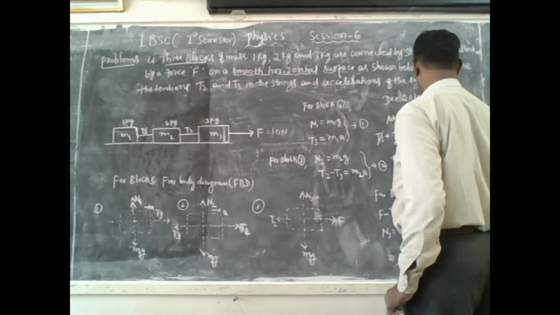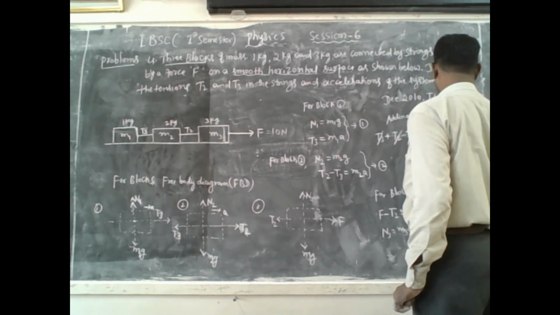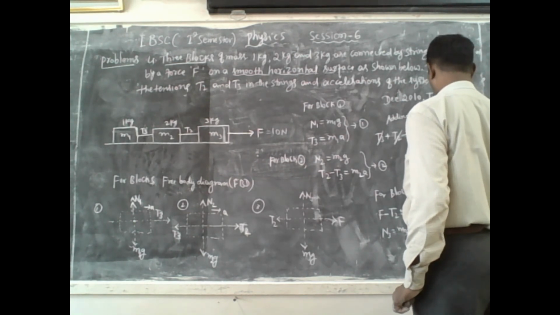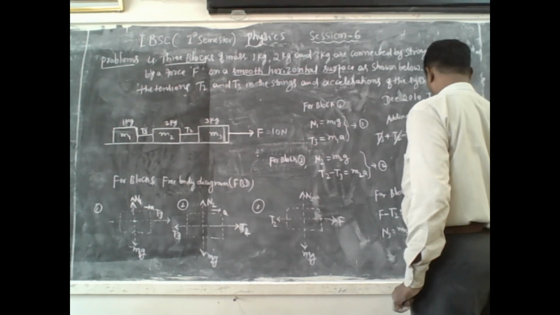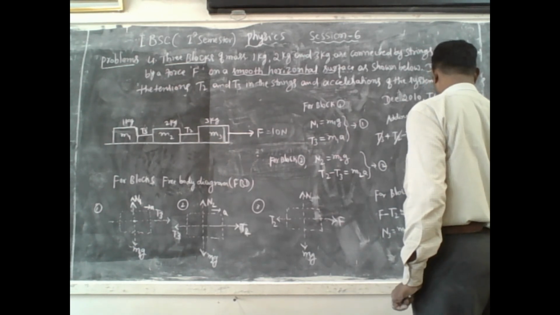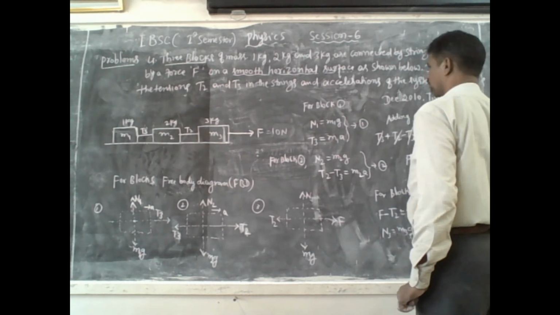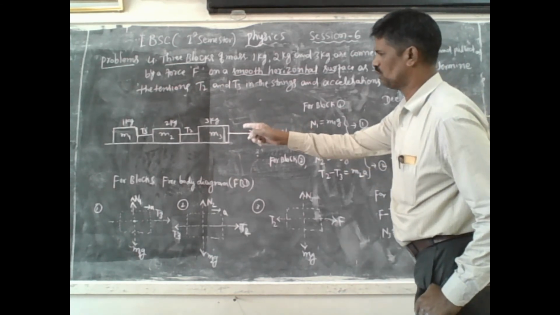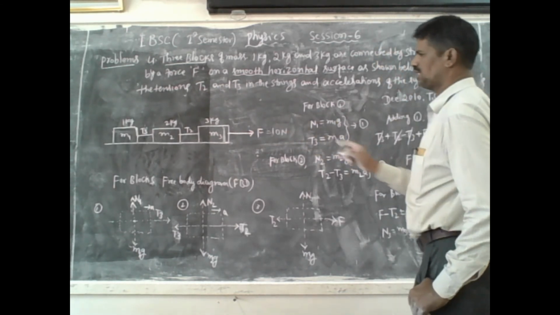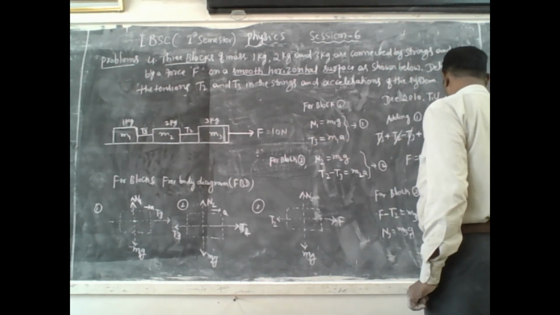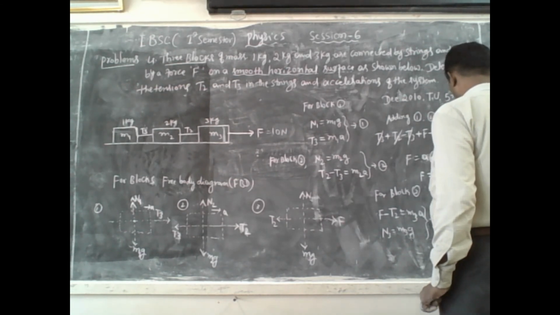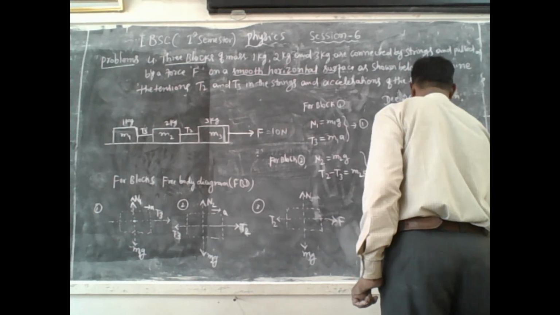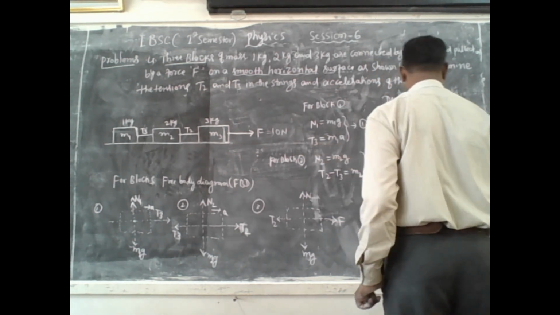What is remaining? F is equal to M1A plus M2A plus M3A. You can take out the common A: F equals A into (M1 plus M2 plus M3), where M1, M2, M3 are 1 kg, 2 kg, 3 kg. That's why 1 plus 2 is 3, 3 plus 3 is 6 kg. And F is equal to 10 N, that's right.